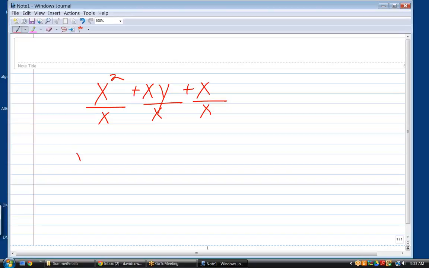So I write it like this, x times, what's the first term? What's x squared divided by x? X. After you do that step, always make sure you multiply it back together again just to make sure.